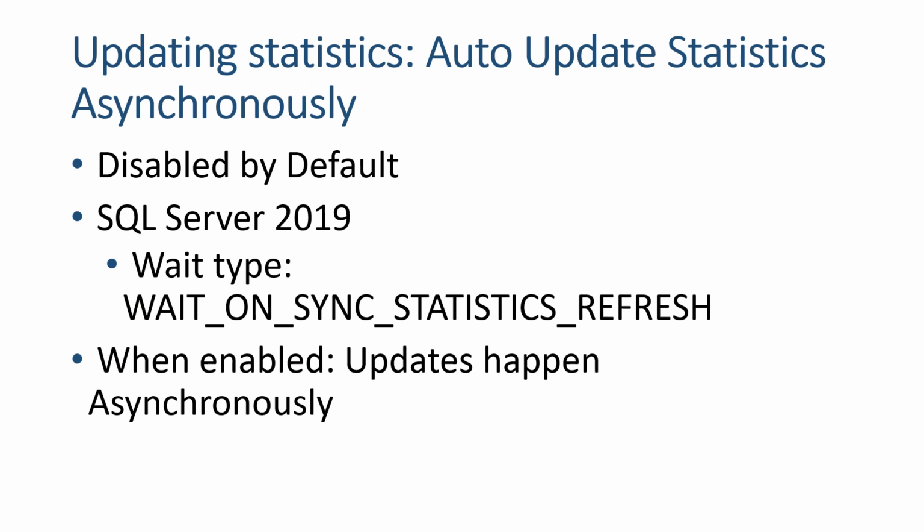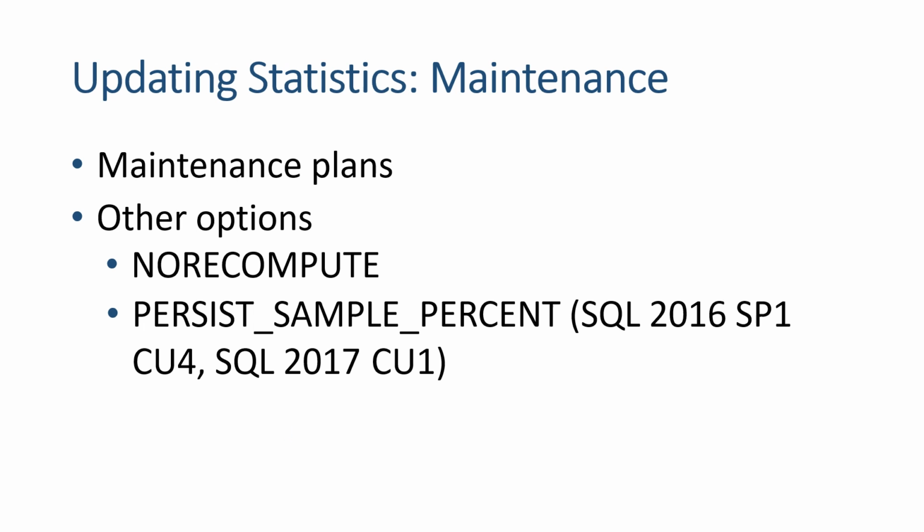Now, even though your auto update stats is turned on and all these updates are happening in the background, you don't want those auto updates to kick in during the business day, several times during the business day, depending upon how much data is getting updated, or how volatile your OLTP systems are. Even if auto update stats is turned on, it is really advisable that you manually maintain these statistics by using maintenance plans.